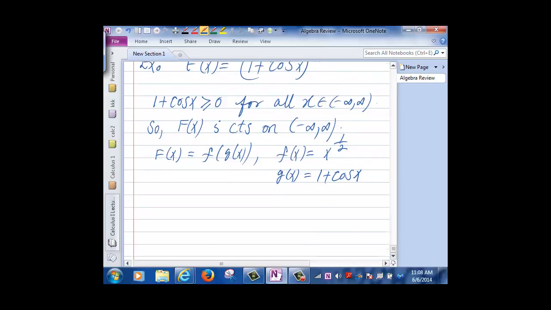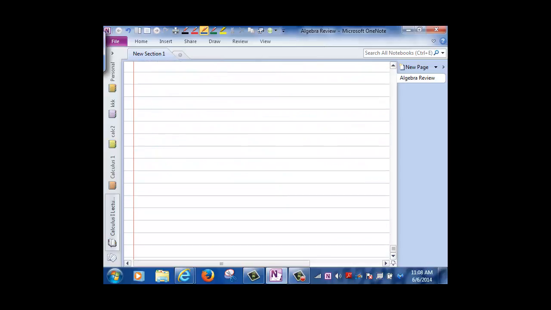The last theorem is what we call the intermediate value theorem.